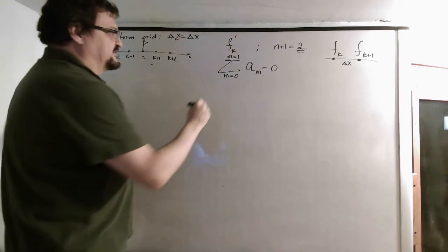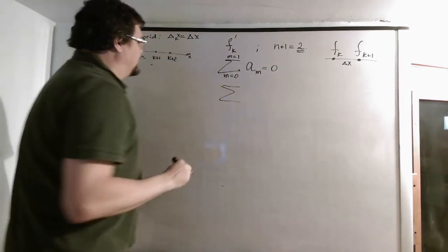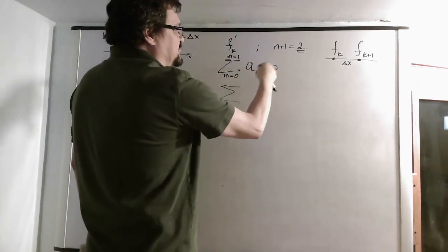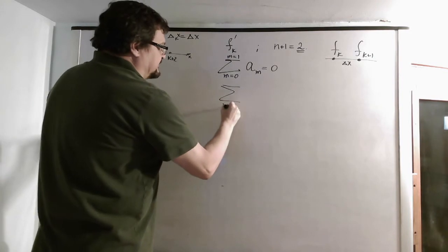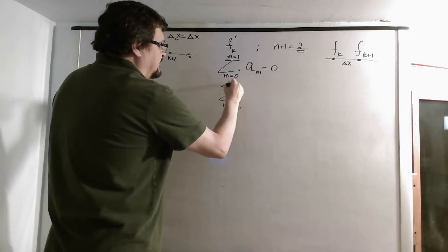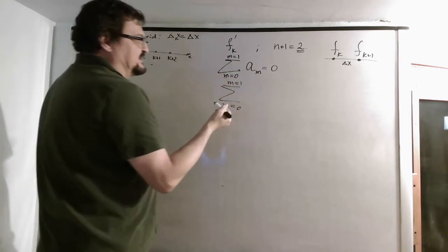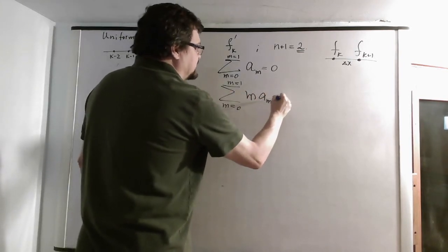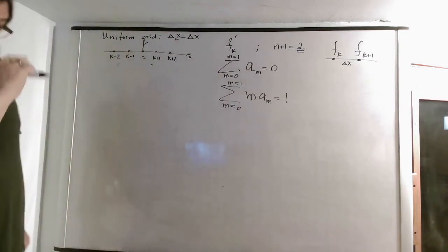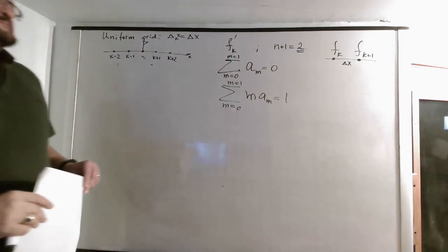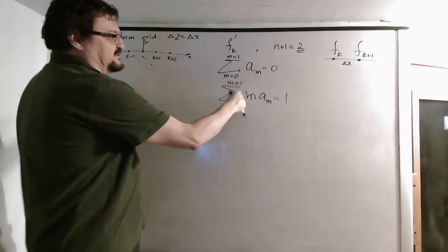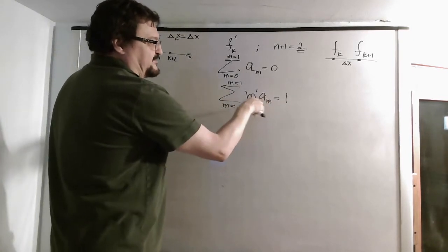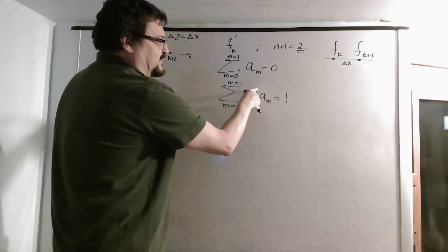That's your first equation. For the second equation, because you have only 2 grid points, we right away have another one: the sum of m times am equals 1. This is the first derivative. So for m in first power, the sum of these coefficients times m should be equal to 1.